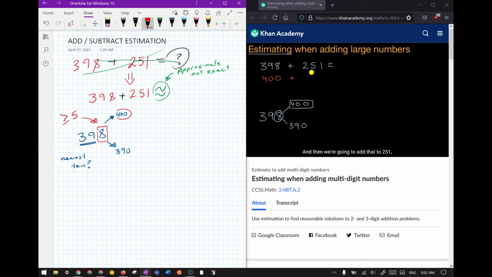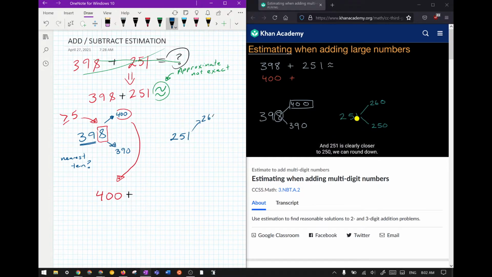And then we're going to add that to 251. What's that rounded to the nearest 10? So I'll do that again right over here, 251. The 10 that is right below that is going to be 250. The 10 that is right above that is going to be 260. Again, you could view this as 25 tens and 1.